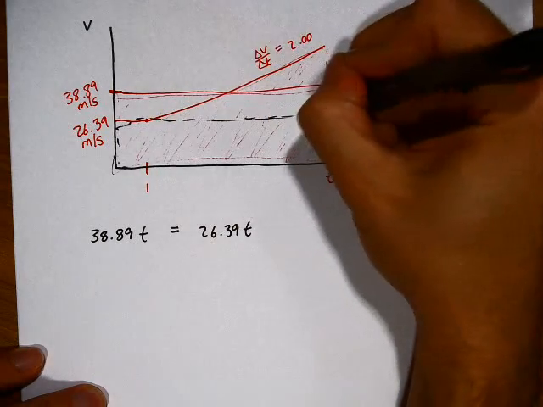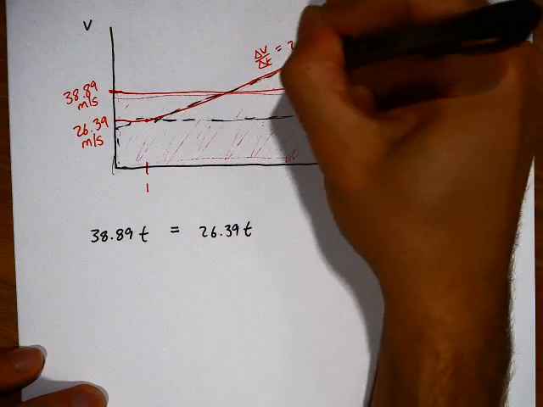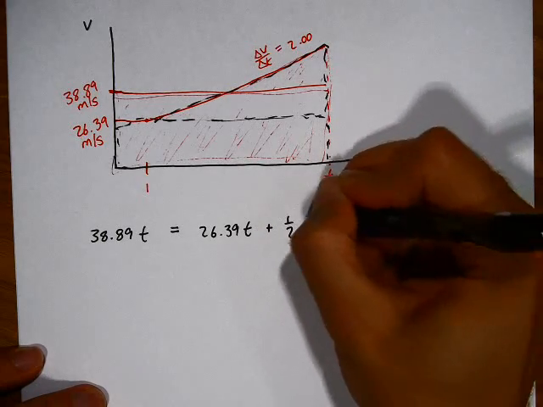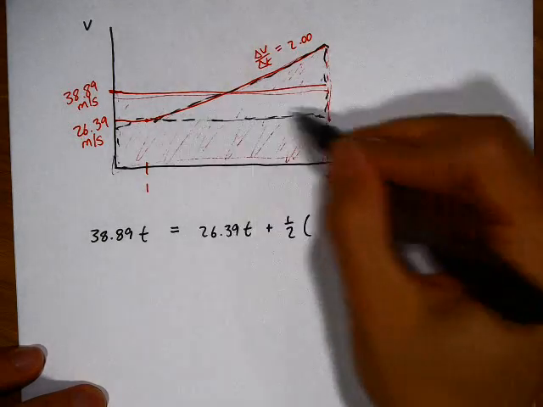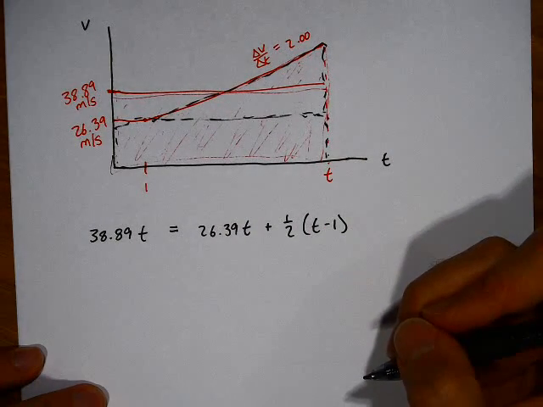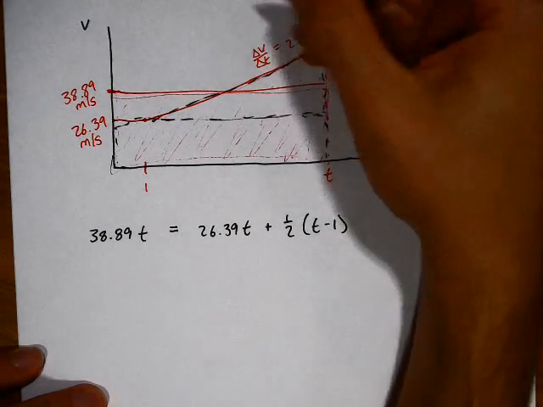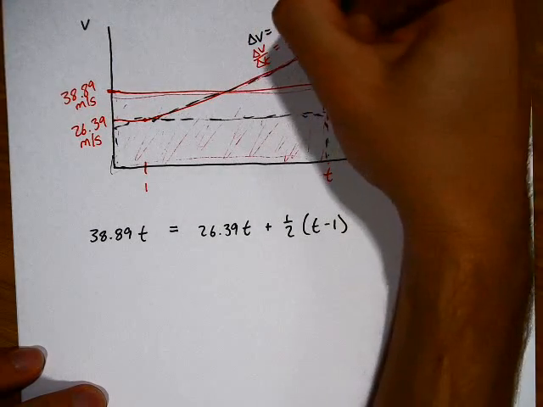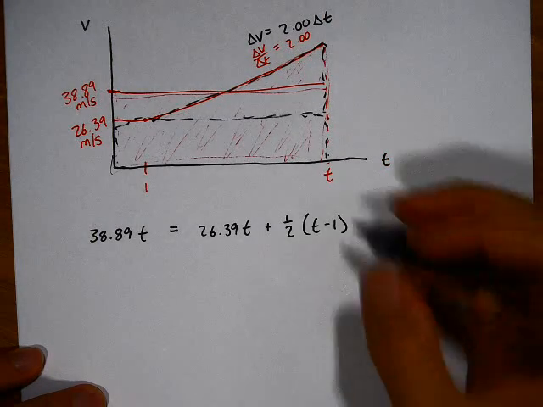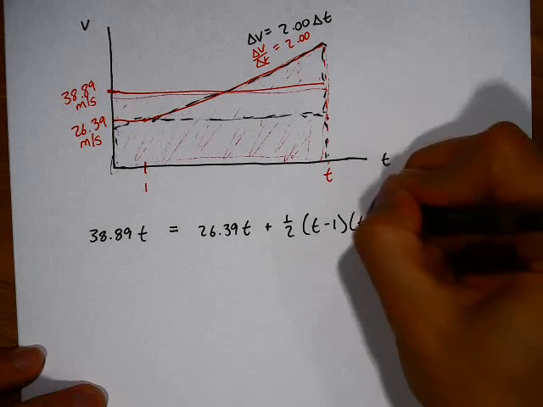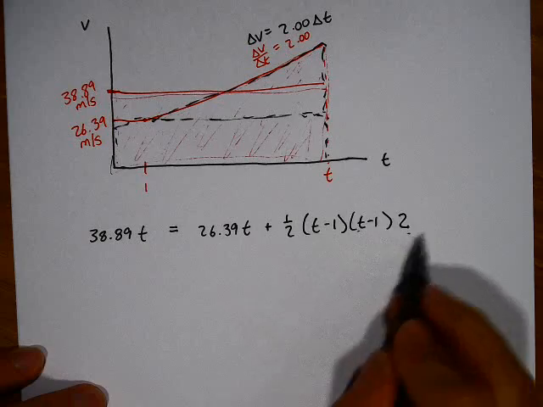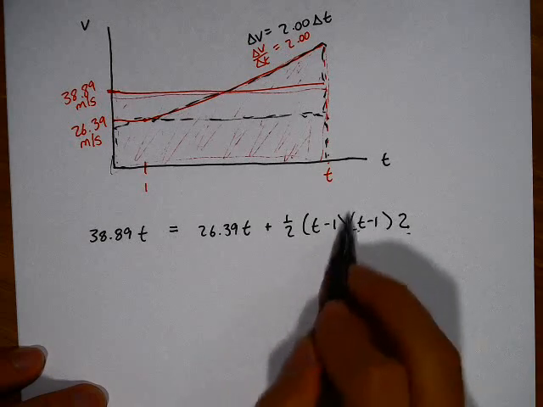And now for this triangle up here, its area is 1/2 base times height. 1/2, the base, notice, is t minus 1. And what's the height? The height, which is delta V, is going to equal 2 times the base. So the base times 2. The base times 2 is the height.